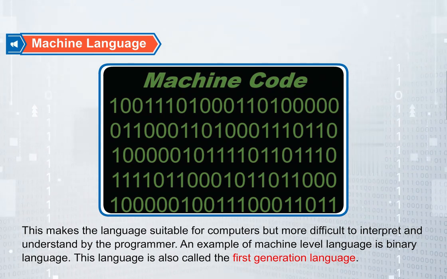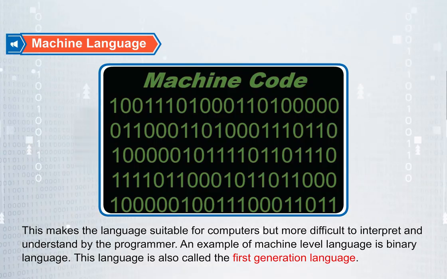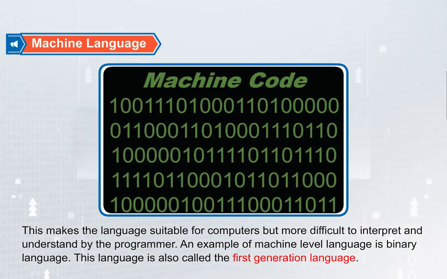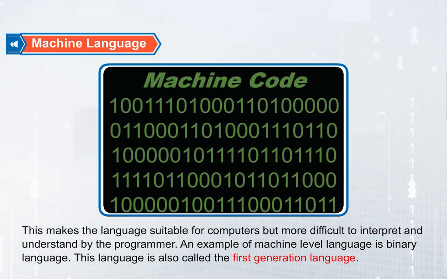This makes the language suitable for computers but more difficult to interpret and understand by the programmer. An example of machine-level language is binary language. This language is also called the first-generation language.